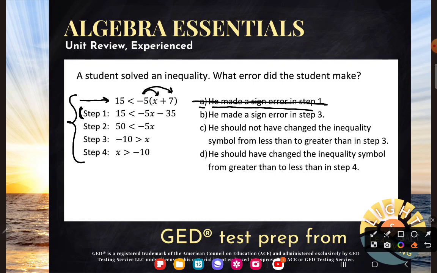B says he made a sign error in step 3. Okay, so here's step 3. And again, we're just going to always look up, because in algebra, you look up to the step before it. And I can see here I had 50 is less than -5x. And I went from that to having x be alone in the next step.